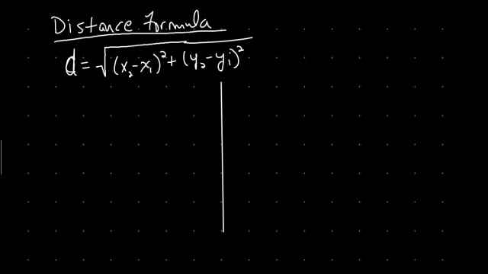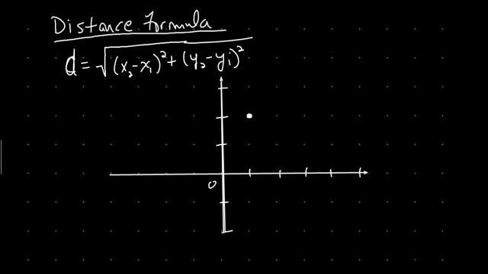Here's our plane. So that's the origin. Let's find the distance between the point over 1, up 2, there's 1, 2, and the point over 4, up 1.